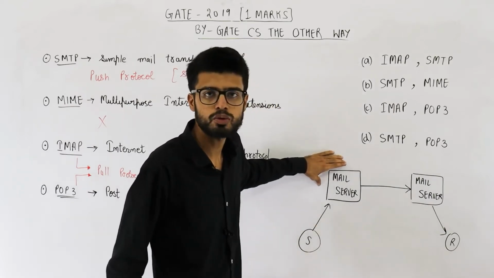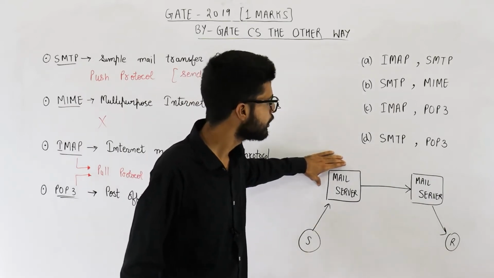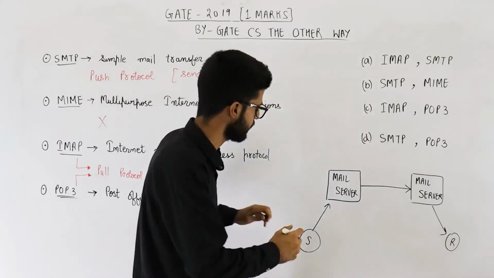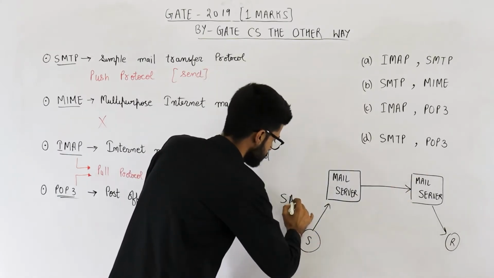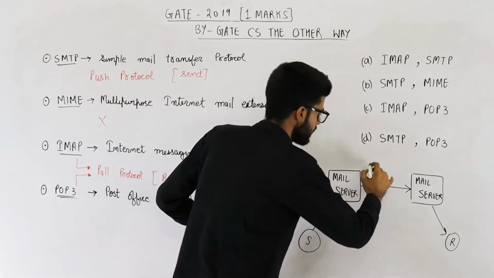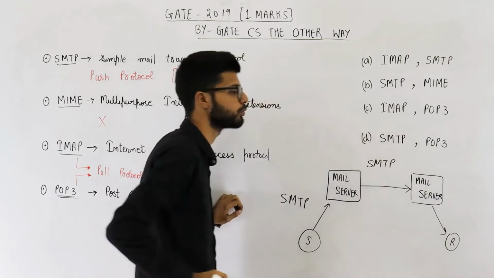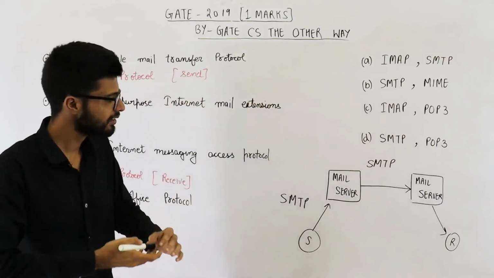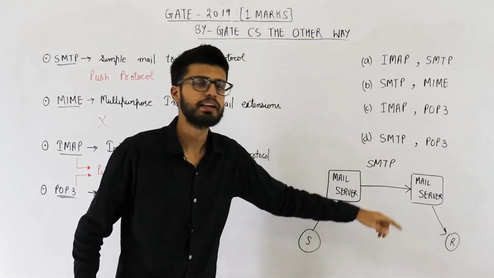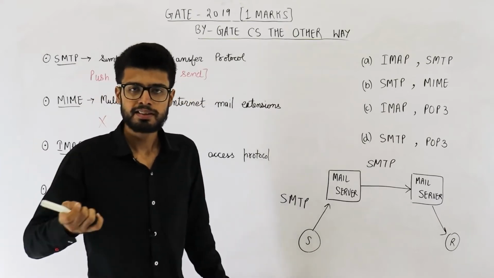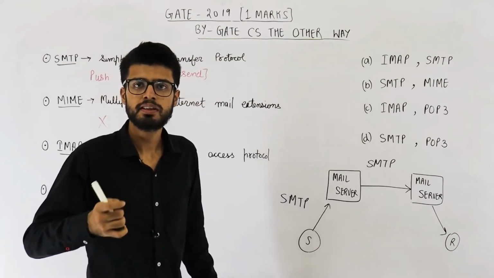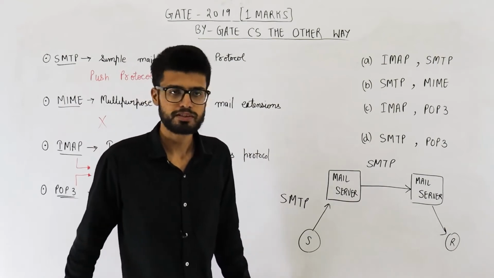This server is also going to push the email using the SMTP protocol. So SMTP is used here as well as here. What is the common thing in both of these connections? The sender always assumes that the receiver is active 24/7.